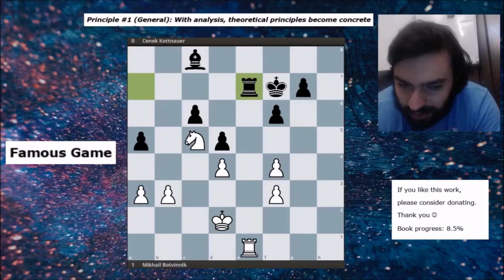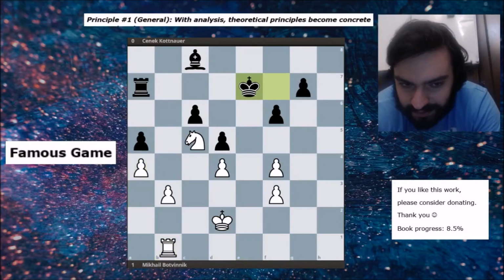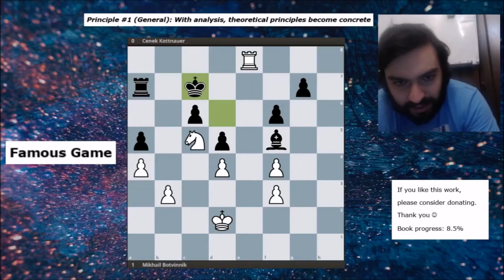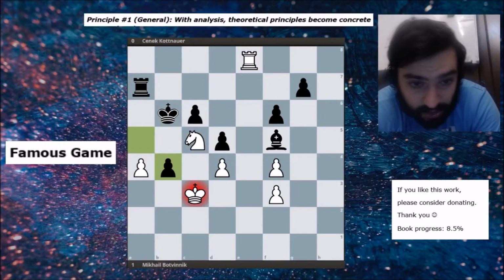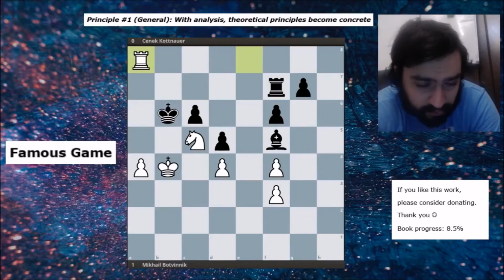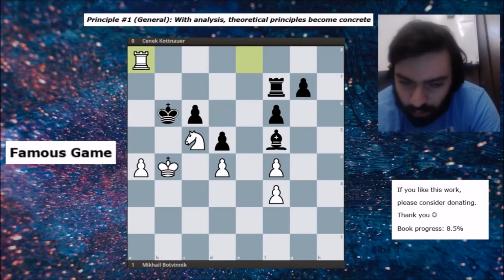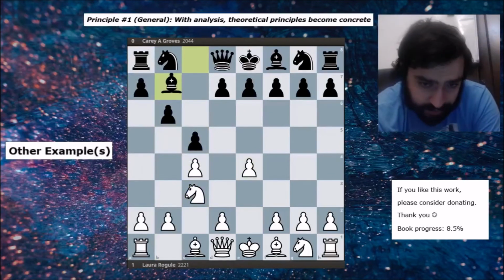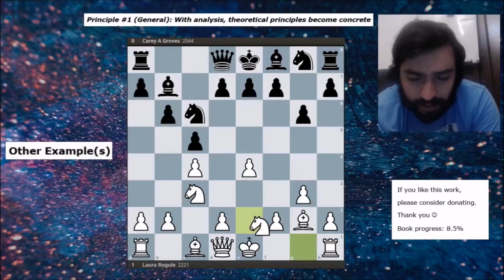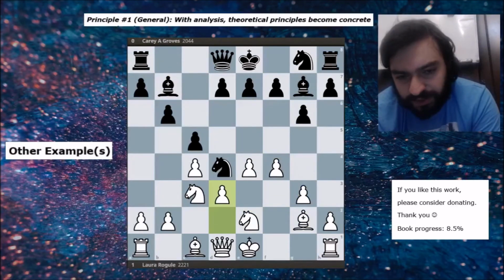So all of this had to be calculated. This is a concrete game, so knowledge of the principles solely is not enough. You have to make them work in a real game, and Mr. Botvinnik brilliantly did so.